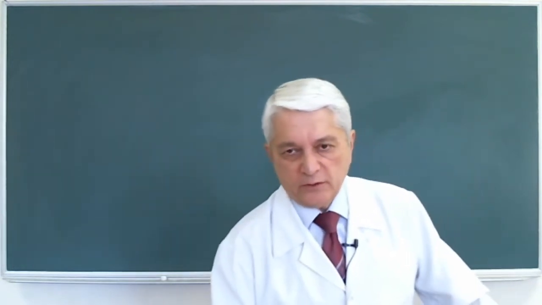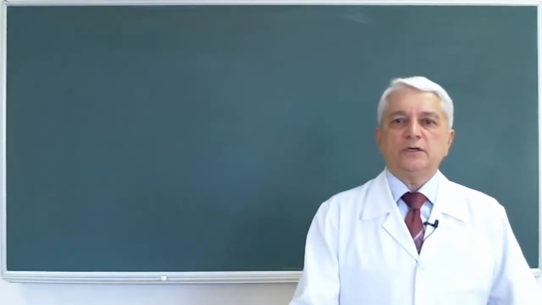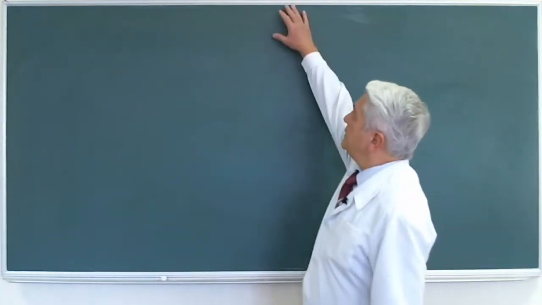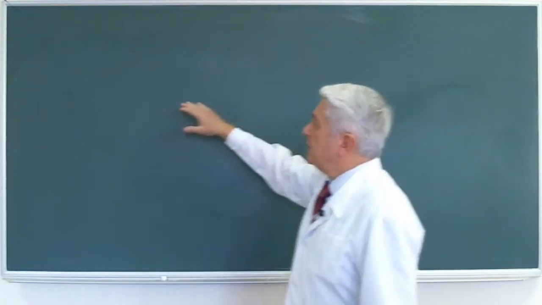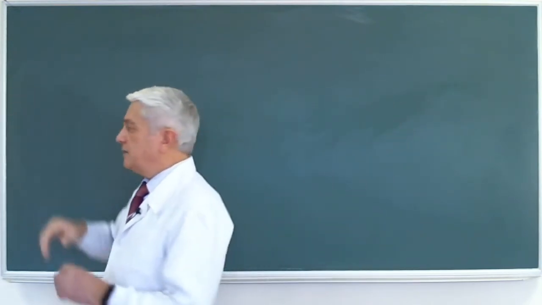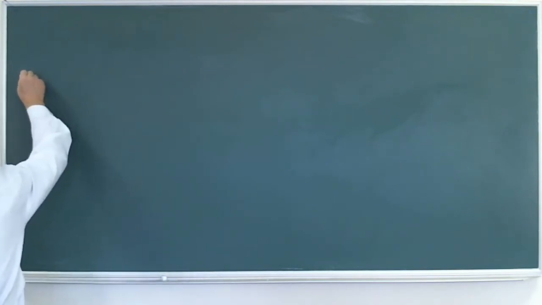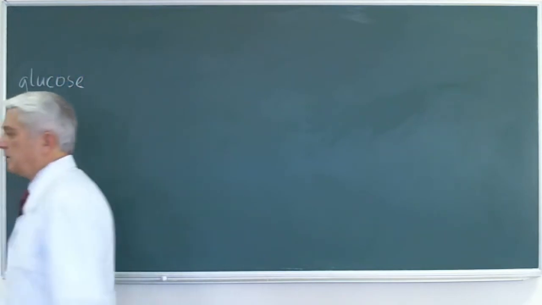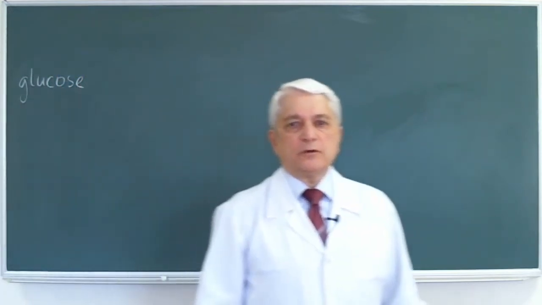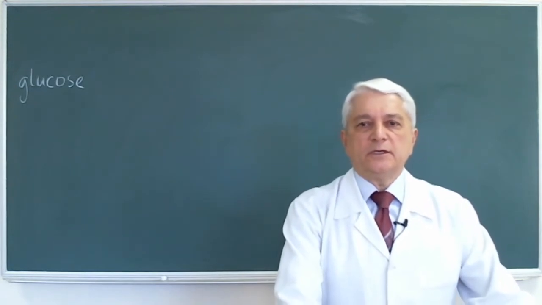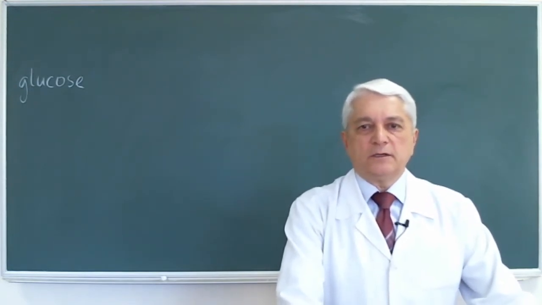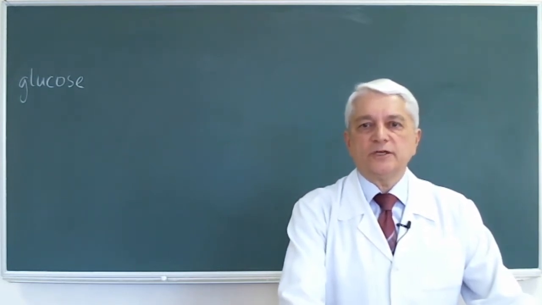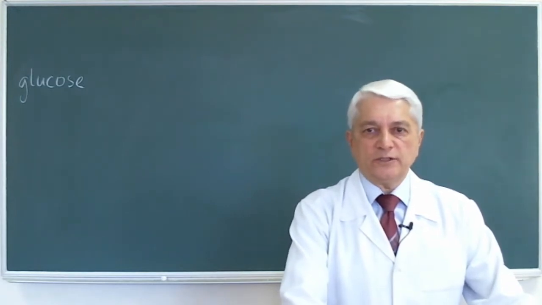And first of all, we will begin with glucose. So let's leave three empty lines on the top, and from the very left side, on the fourth line, let's write glucose. Glucose can appear in our blood from food or after the degradation of glycogen in our tissues.